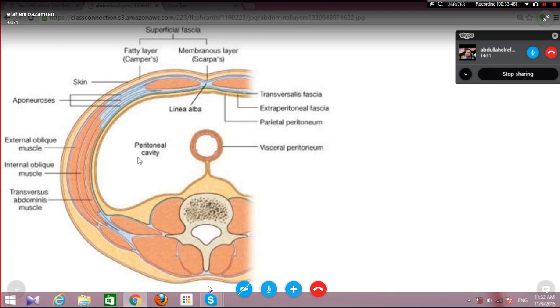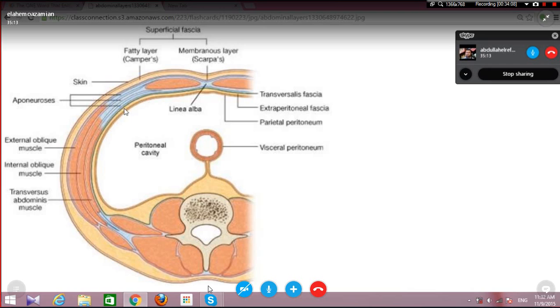Here is the abdominal cavity. Before we reach the cavity, which fascia covers the cavity? Endo-abdominal. Very good. Endo-abdominal fascia. So it covers the internal aspect of the abdominal wall. Do you see it's everywhere?